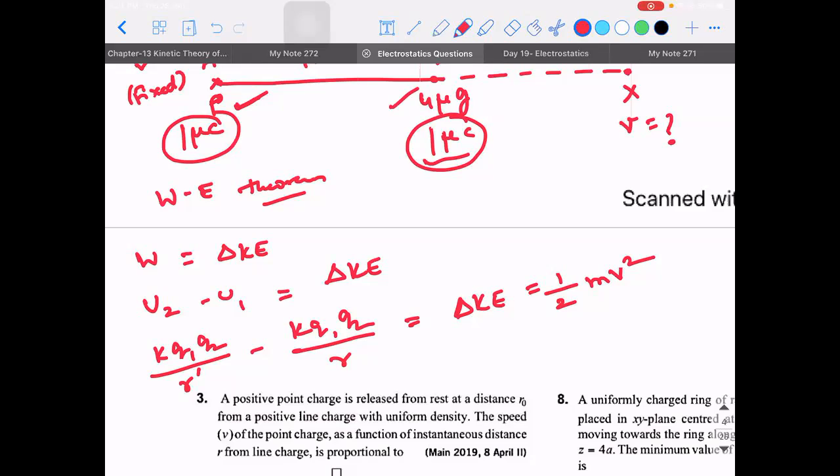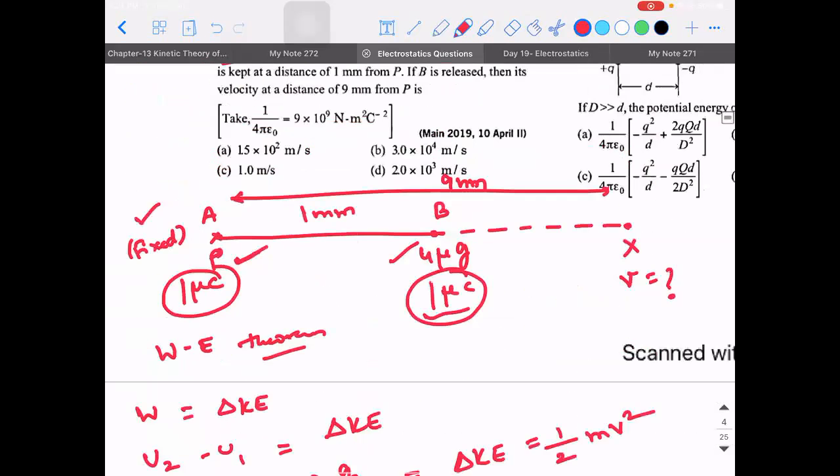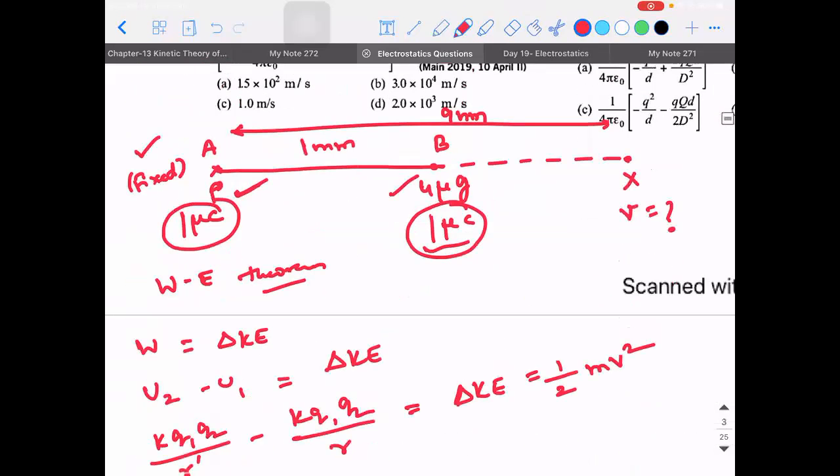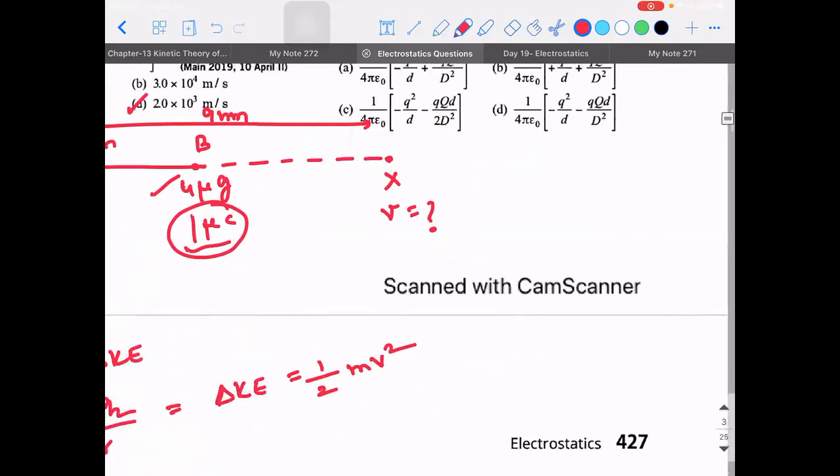Option D. That is how much? Okay, 2 into 10 power 3 meter per second. That's right. Okay. Next.